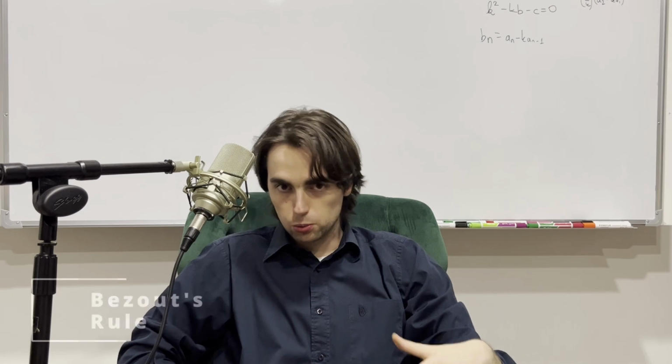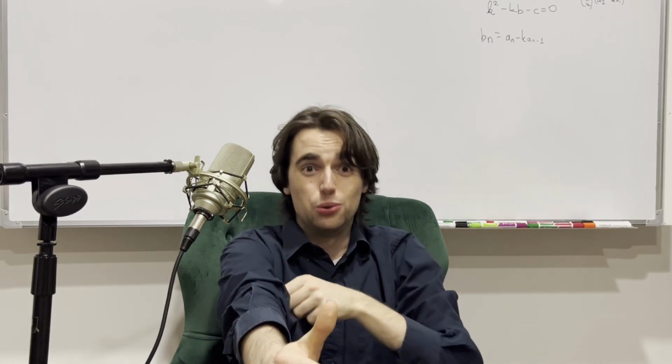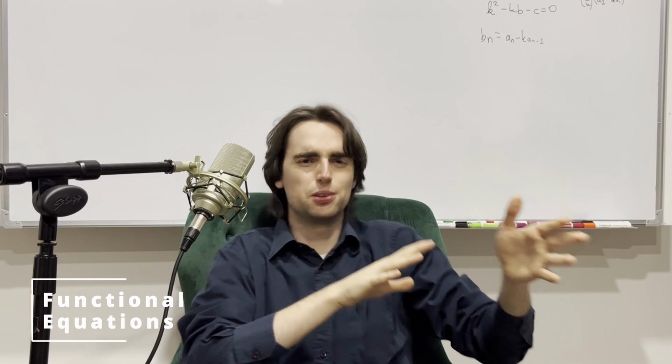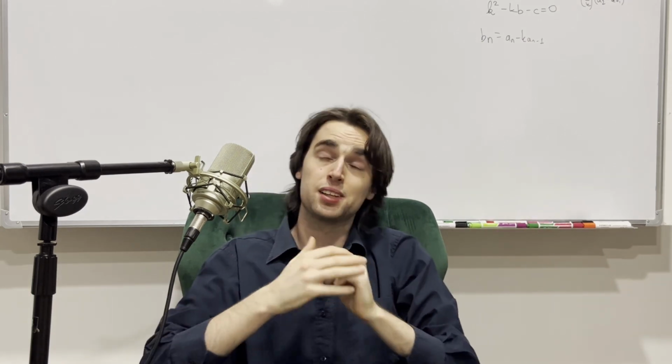Then after that, you also want to dive deeper into polynomials. Yes, you have Bezout's rule, like if you have a zero, then you know you can factor the polynomial, but there's so much more to learn with polynomials, and I'll be making a video series on an introduction to polynomials, so you can definitely check that out if you want to learn more. After polynomials, there are also functional equations. These things all go hand in hand, right? You learn a bit of polynomials, then you do some functional equations.